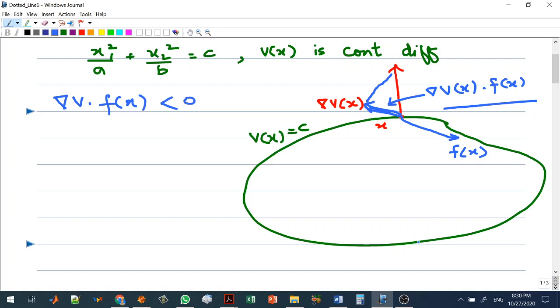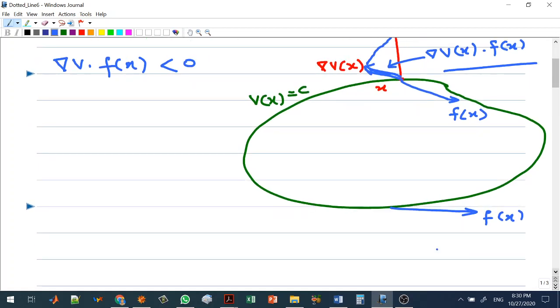On the other hand, if f(x) is pointing outwards like this, and here we have our gradient vector pointing towards the direction of maximum increase, then the projection of the gradient of V along this vector, which is this small region, is going to be greater than 0.